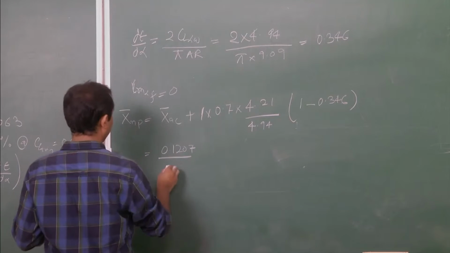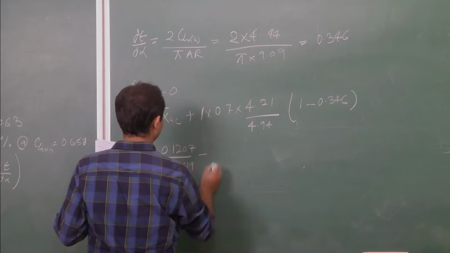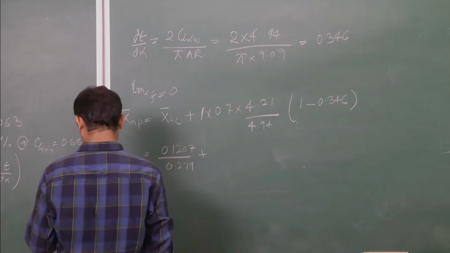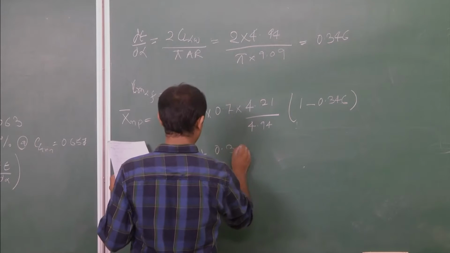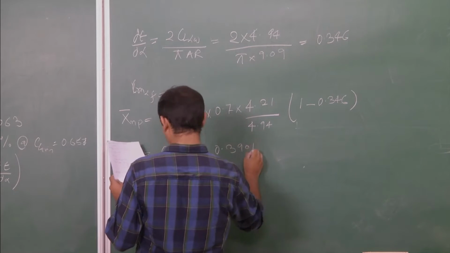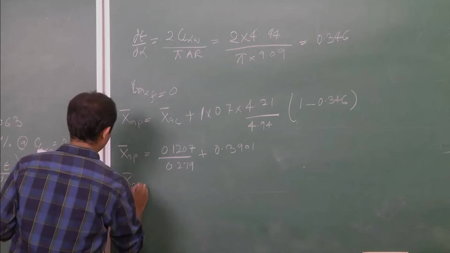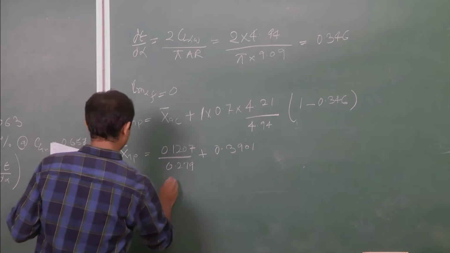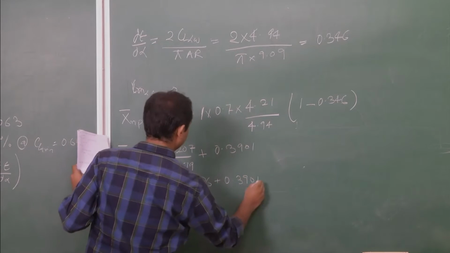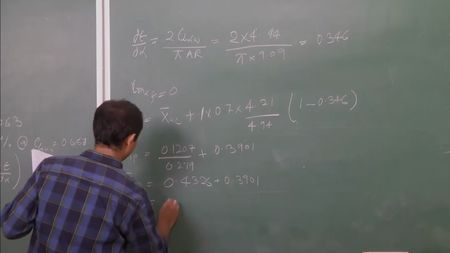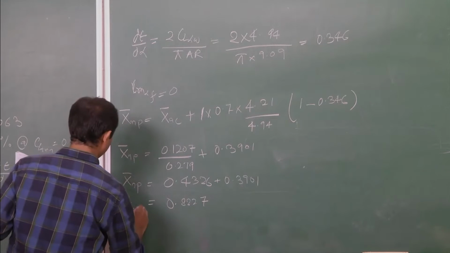This is the value of AC divided by your C bar, which is 0.279, plus 0.3901. So X NP bar will be 0.4326 plus 0.3901, which will be 0.8227, your X NP bar.